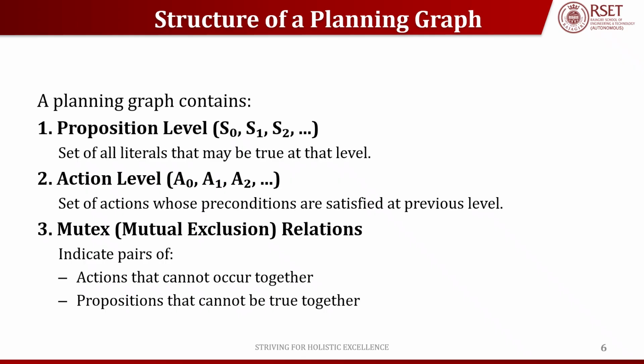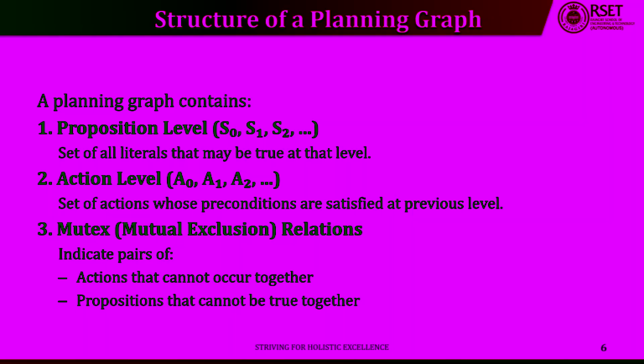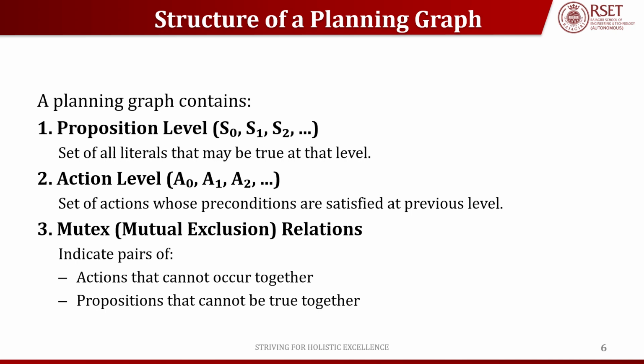Now we'll see the structure of a planning graph. A planning graph contains two levels and one relation. The first one is the proposition level, also known as S levels, that is S0, S1, and S2. These represent the set of all the literals that may be true at that level. The next one is the action level, represented by A0, A1, and A2, and these are the sets of actions whose preconditions are satisfied at the previous level.